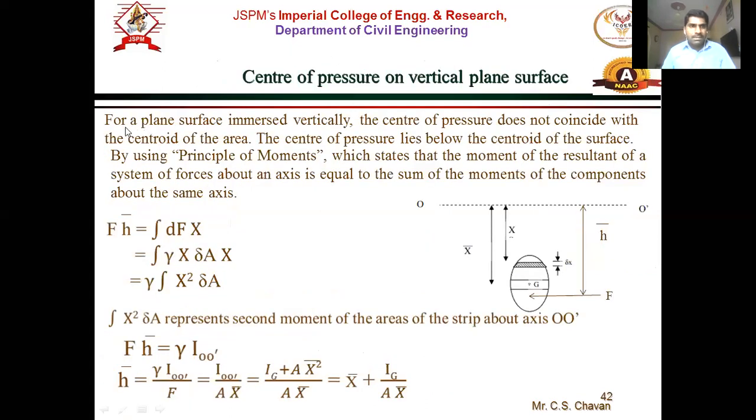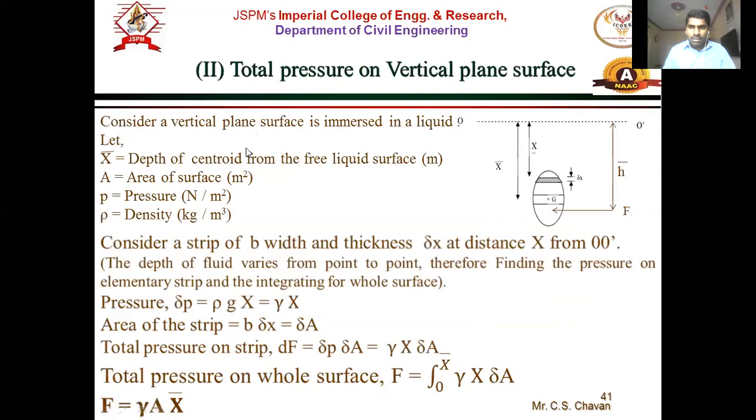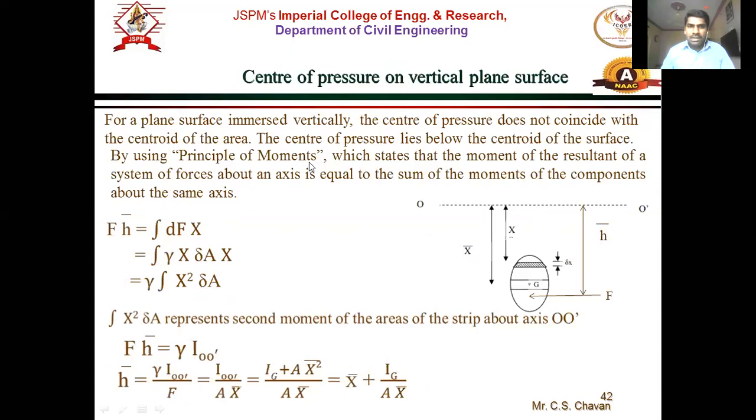So here this statement is important. For a plane surface immersed vertically, the center of pressure does not coincide with the centroid of the area, right? So here this F is not acting at the centroid, but it is acting at a different point, right? Therefore here the principle of moments we have to use.